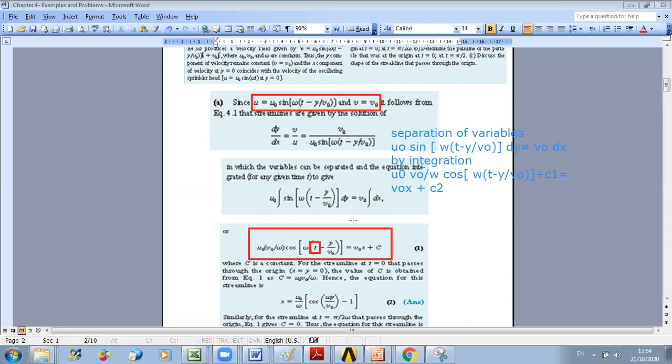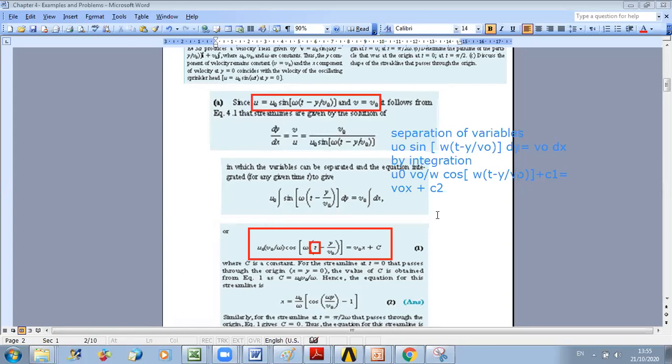Now, in particular, they asked in the problem to find the streamline at t equals 0 that passes through the origin, x equals y equals 0. So if you want to find this streamline, you will use the boundary condition given.